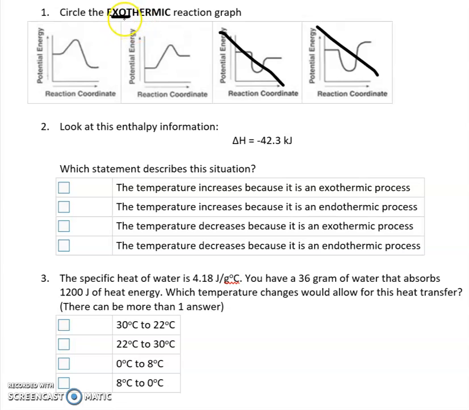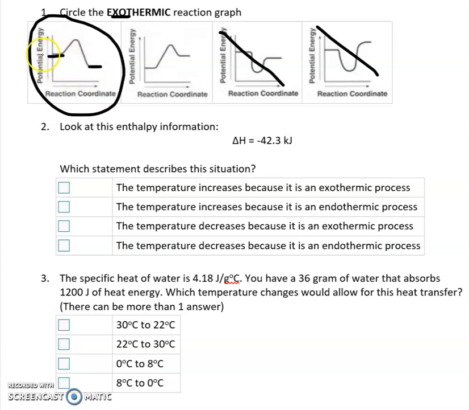Exothermic reactions will always have a negative enthalpy, and the way that I can figure that out is either remember that your product line will always be below the reactant line in an exothermic reaction, making A my answer. Or you can just pretend to put in random points on the graph.